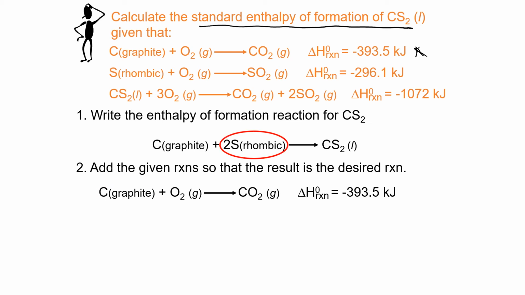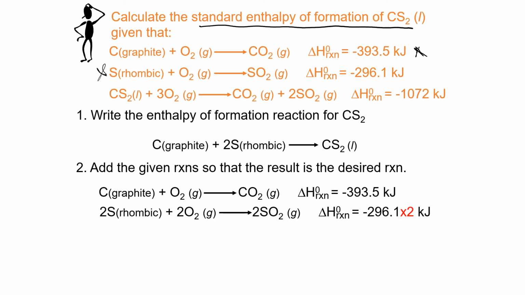Now we get to the sulfur component, and we need 2 moles of sulfur. This equation only gives us 1 mole. So that means we have to multiply every coefficient by 2 in the equation, and we also have to multiply delta H of the standard heat of formation for the reaction by 2 as well.